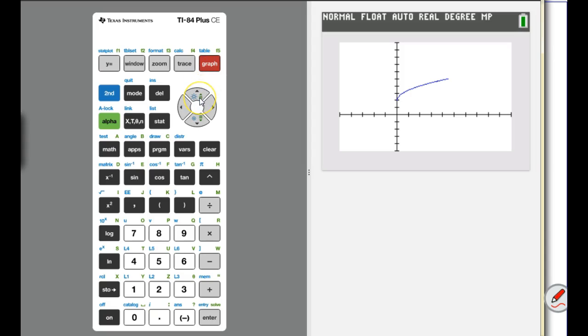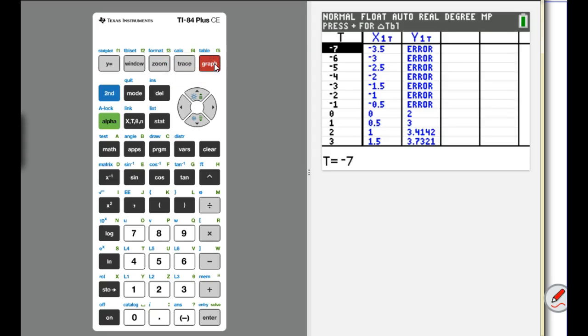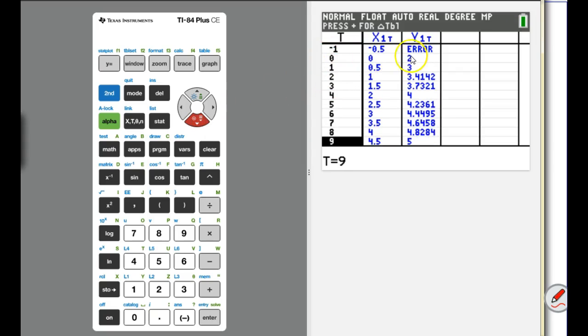How are we going to find the endpoints? We can go trace, and one is at 0, 2. If you trace out to 9, where t is 9, you'll find the other one. I have 4.55. Or you could go to the table. Remember, they were supposed to go from 0 to 9. So at 0 put down 0, 2, and at 9 it's 4.55. They're not nice in between, right?